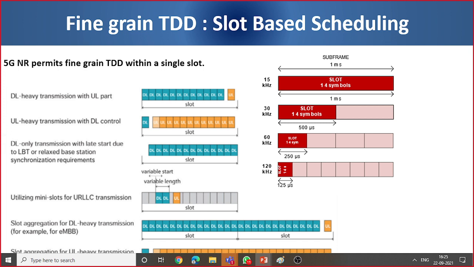There was a certain table. In 5G, it is much more flexible compared to 4G. For example, if you have a download heavy transmission, maybe you are looking at a YouTube video or some streaming service, downloading something, at that point of time, as I said, scheduling happens or resources are allocated every slot.